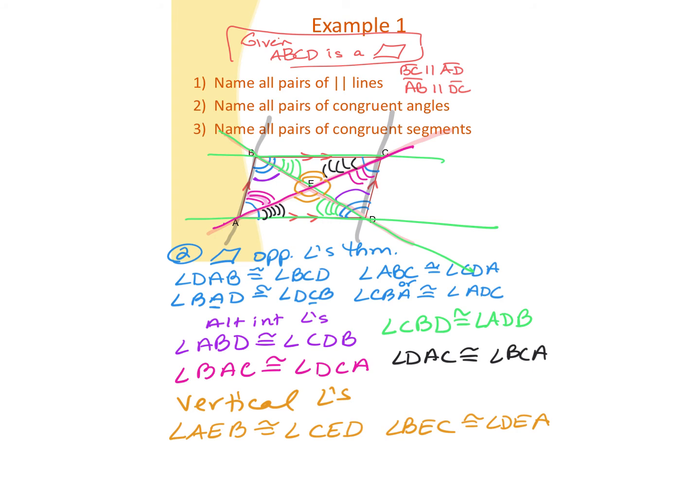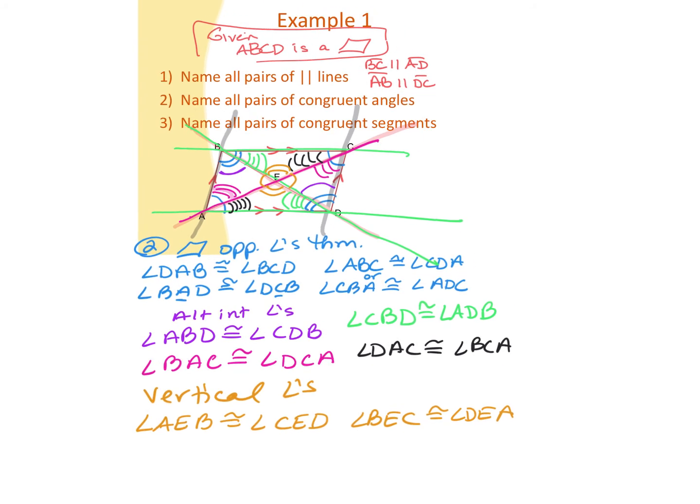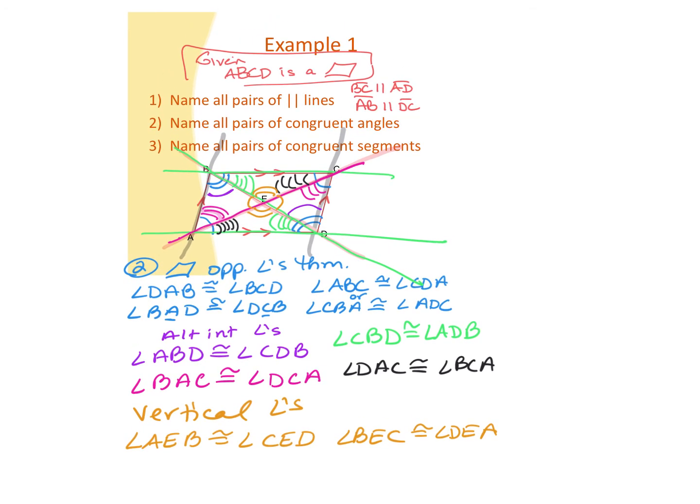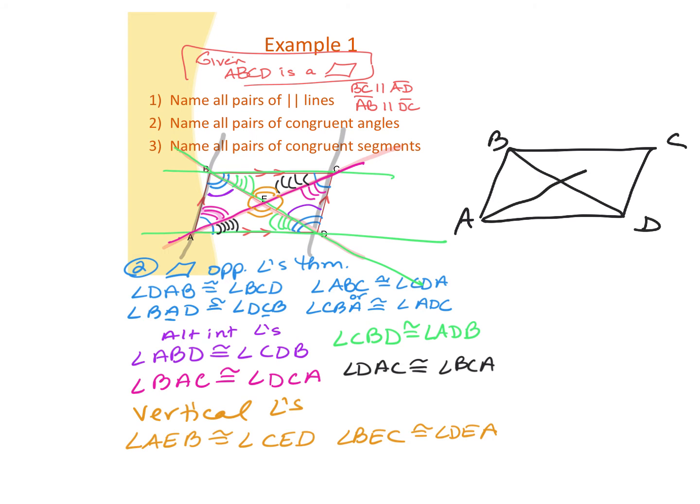All right, now for the congruent segments, what we have, and let me draw it over here to the side. Draw another parallelogram. So same one, let me just try to recreate it. Had the diagonals, and then it had E here.